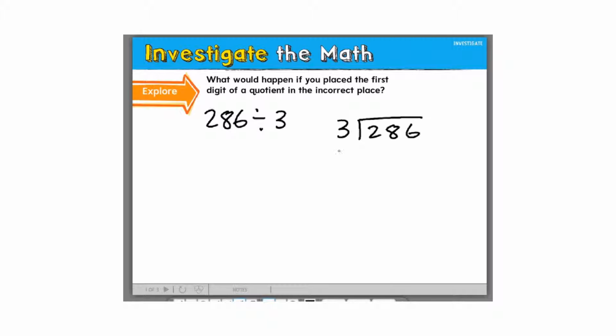Now, if I'm trying to divide 3 into 200, that's what I'm doing, 3 into 200. Doesn't work. If I have 3 circles, I can't divide 2 amongst the 3 circles. I need to break it up into tens. So I'm going to use a 0. You can use an X, you could use a dash, whatever works best for you.